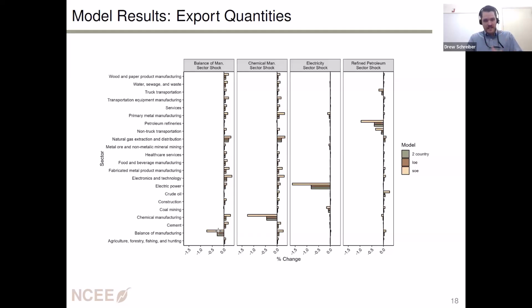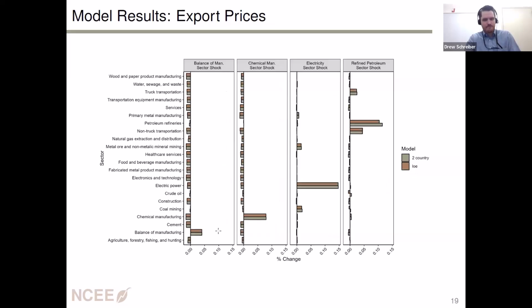And so what we end up seeing is a larger reduction in quantities in the SOE model relative to the large open economy specifications. What's also apparent here is that the LOE single country approach mimics almost exactly the 2-country approach.